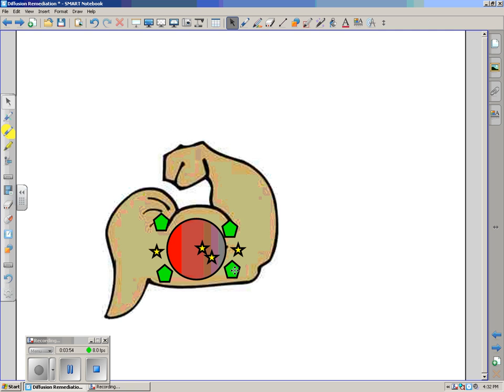Got to get rid of that carbon dioxide. Unfortunately, these are particles. They're in a high concentration, so they will diffuse to where there's a low concentration. And we can get rid of some of that carbon dioxide when that blood cell gets pumped back out to our lungs. That's diffusion.